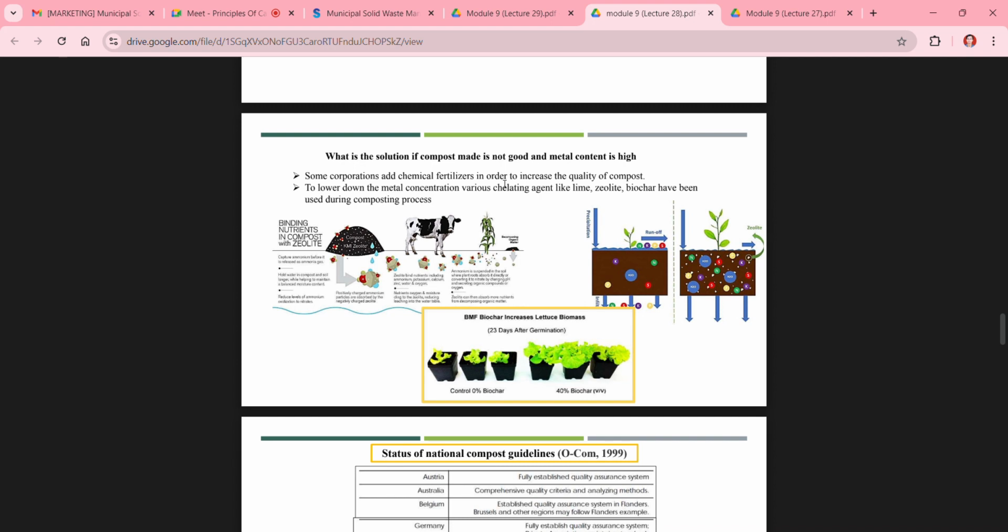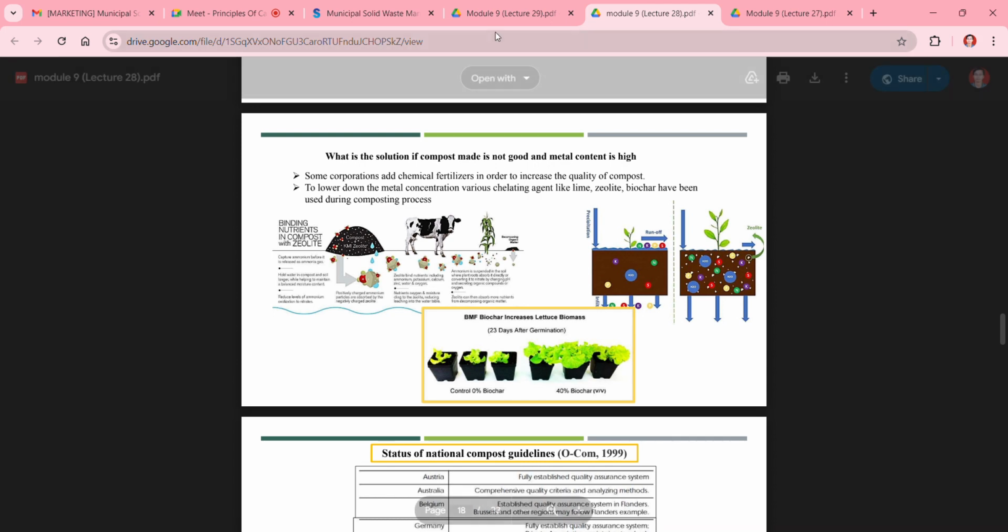Those compounds can be easily removed from these compost materials. So after the removal of these metals from the compost, that compost can be used as an agricultural compost material.